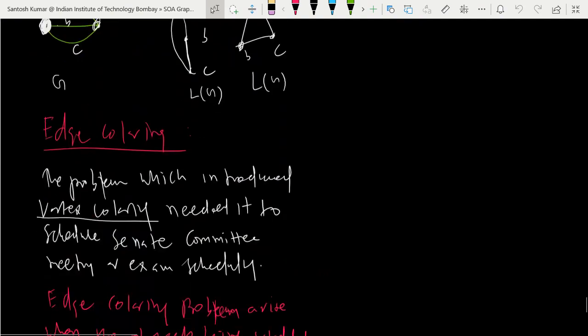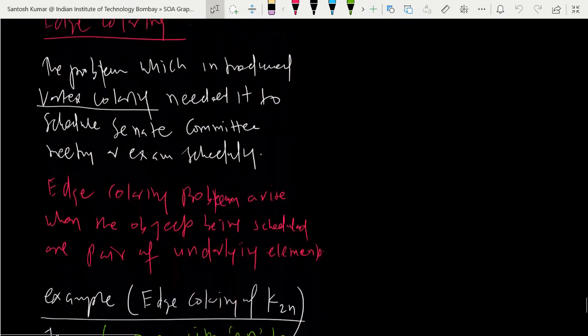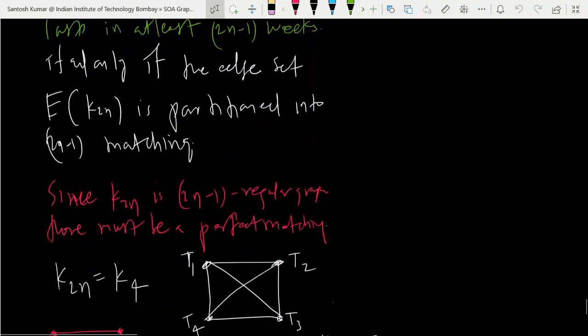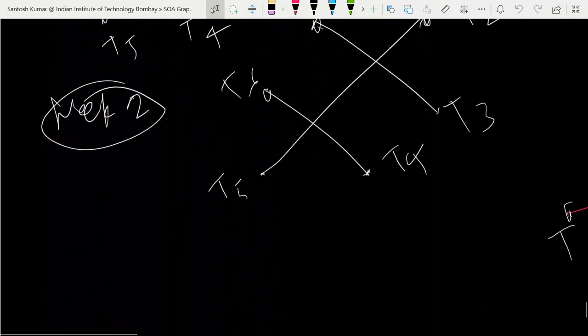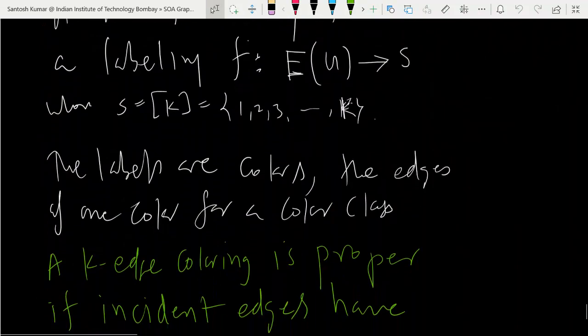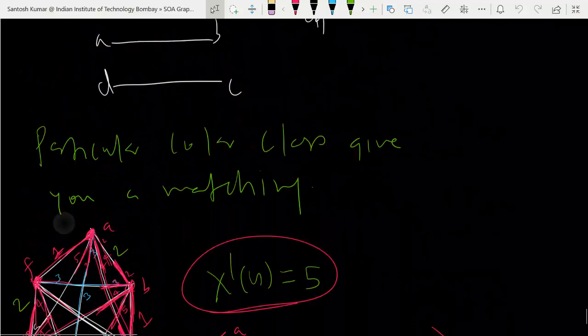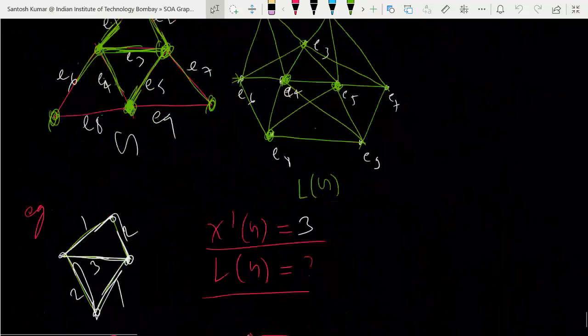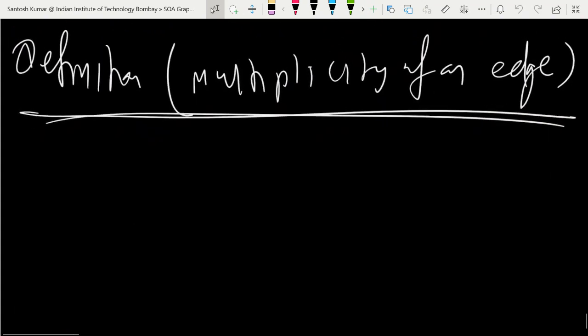Line graph, then A is coloring of complete graph with true number of vertices, and A is chromatic number or chromatic index. Then we have to discuss this multiplicity of an edge.